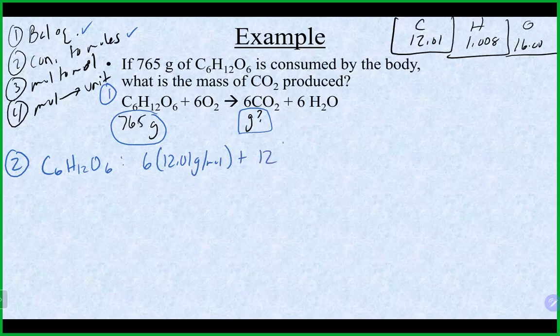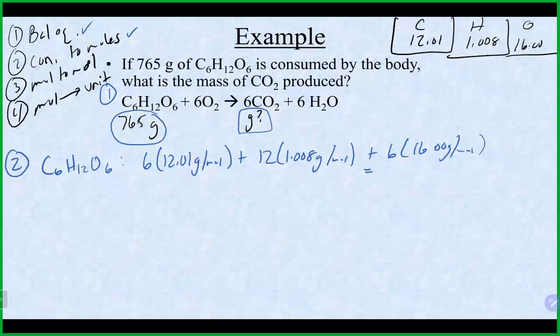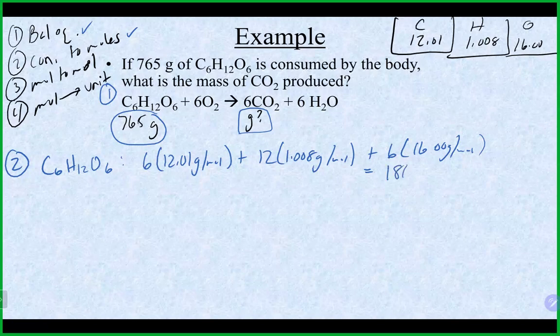There are 12 hydrogens, each at 1.008 from the periodic table. And there are 6 oxygens, each 16 from the periodic table there. That's going to give us here a molar mass of 180.2, looks like, perhaps. About 180.2 grams per mole.